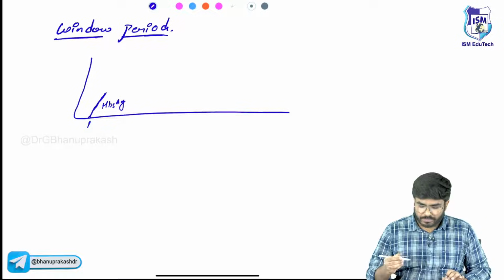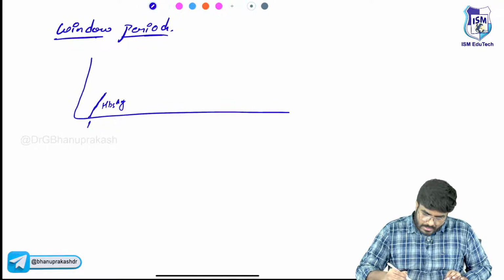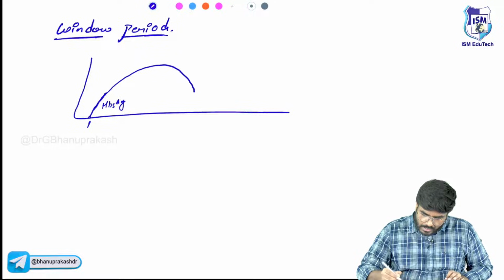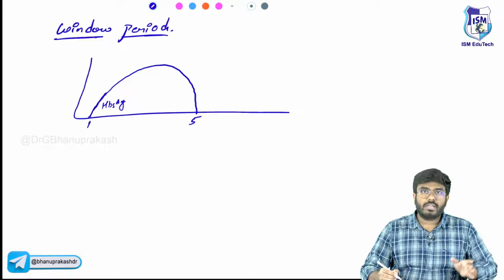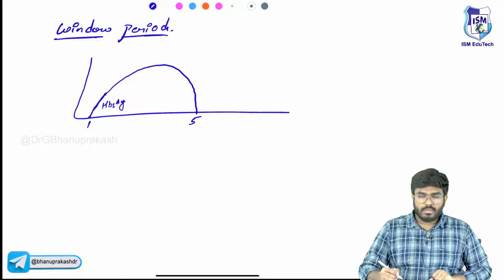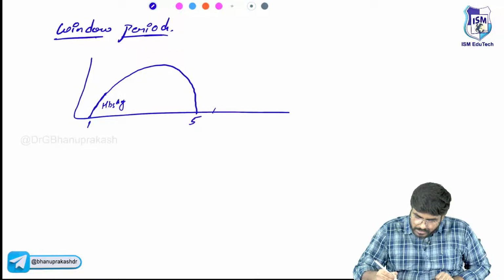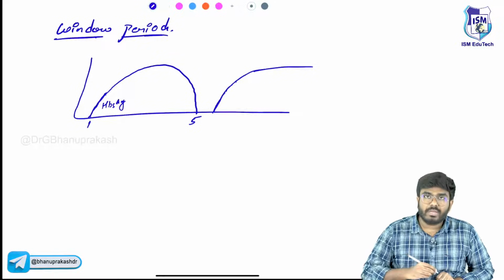HBsAg levels will increase, and by the 5th or 6th month, they are coming down. The antigen levels are coming down. Now at the same time, the antibody levels, which antibody levels, sir?